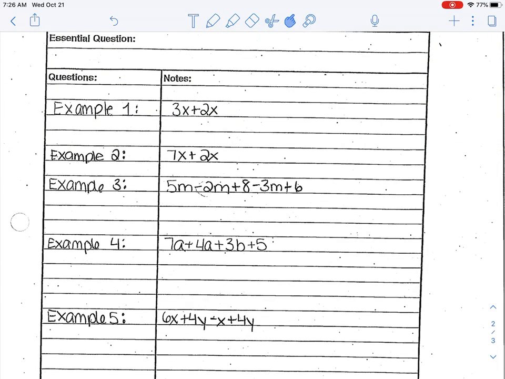to combine like terms. So when you're combining like terms, you need to find things that have the same variable. If they don't have a variable, they're also like terms. Now, there's something important here that you need to know.